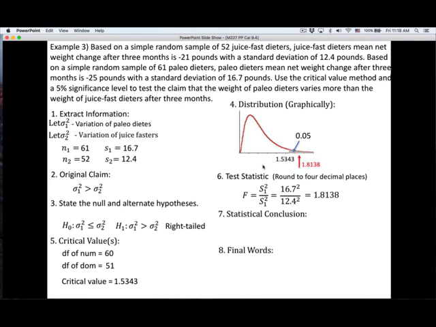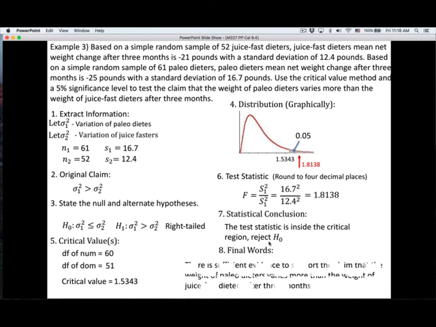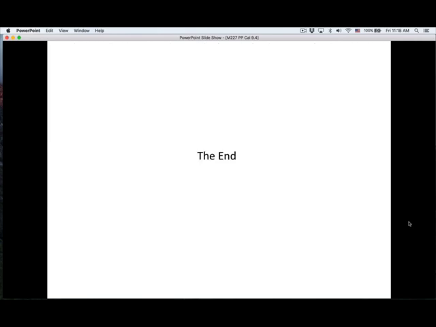It should be somewhere like here, right? 1.8138. Okay, your test statistic is located in the critical region, so we're going to reject. And then the conclusion: the original claim goes to the alternate hypothesis, so that would be either number 3 or number 4. And we have a reject, so number 3 conclusion. Okay, that's it.